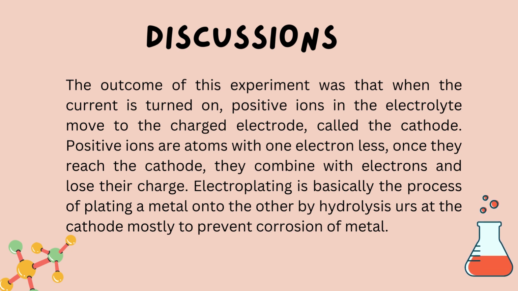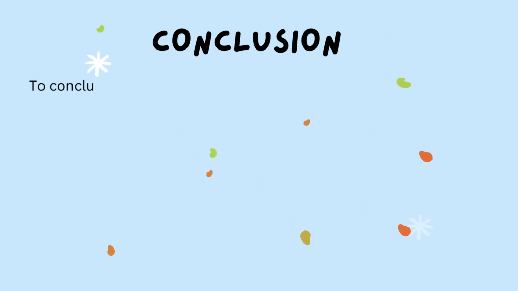Electroplating is basically the process of plating a metal onto another by electrolysis, at the cathode mostly to prevent corrosion of metal.